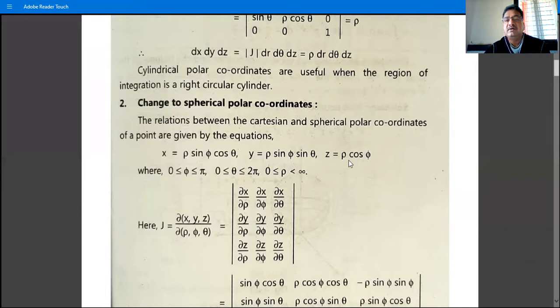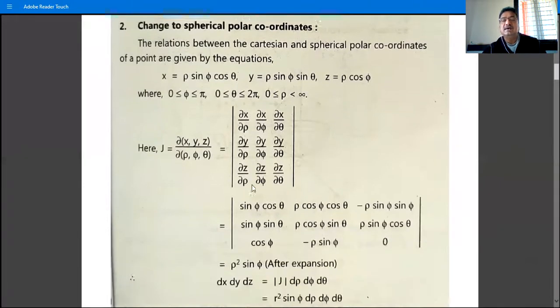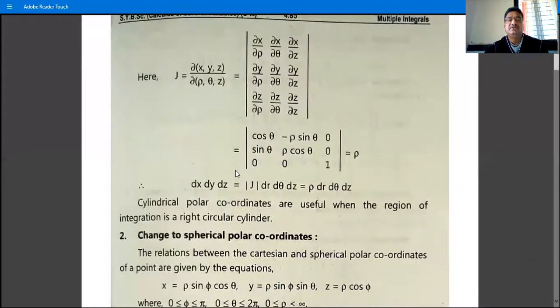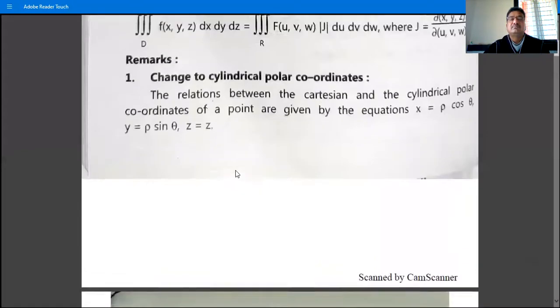And z is rho cos phi. These are the spherical polar coordinates. Obviously phi runs from 0 to pi, theta runs from 0 to 2 pi, and rho from 0 to infinity.